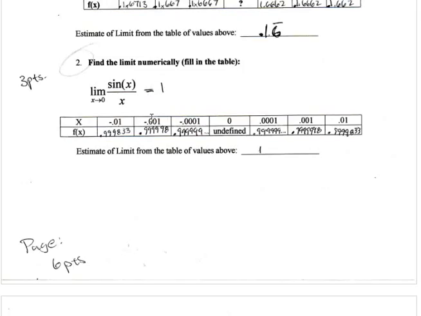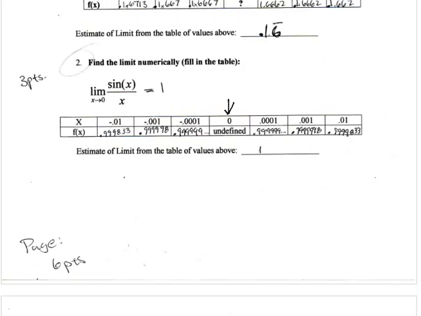So as you get closer and closer to the value of 0, with values of 0.01, 0.001, 0.0001, and on the other side, negative 0.01, negative 0.001, negative 0.0001, etc., until you come close to a value of 0, you should be coming closer and closer to a value of 1, which looks just like 0.9 repeating.